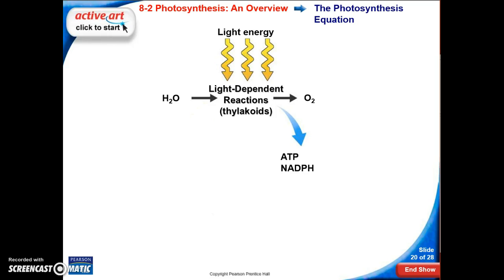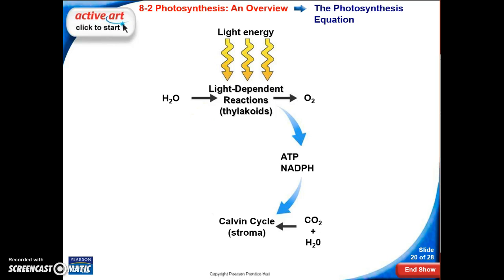You think of the NADPH as kind of like a taxi, and it's carrying electrons from the light-dependent reaction to the next part of photosynthesis, which is the Calvin cycle. And the reason we need a carrier is because they're occurring in slightly different places.